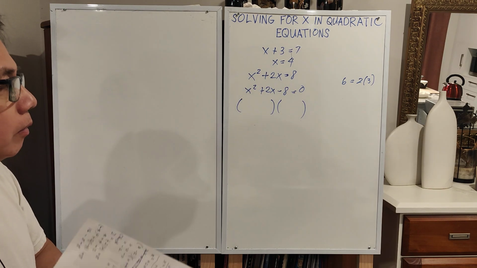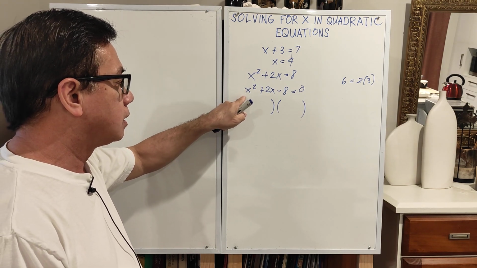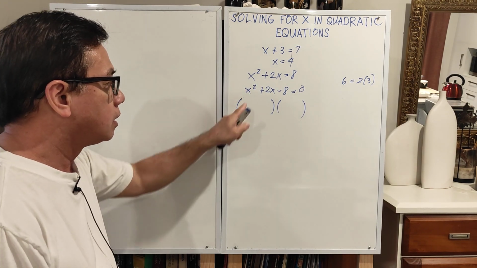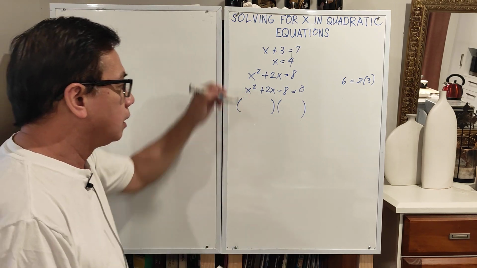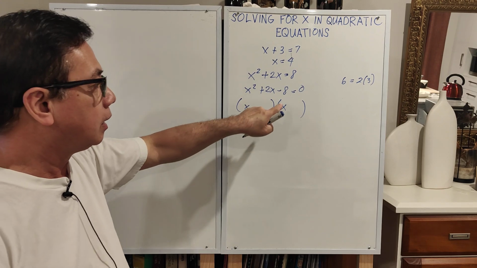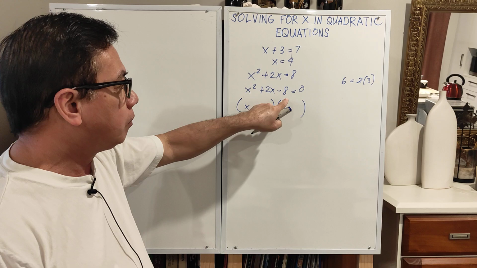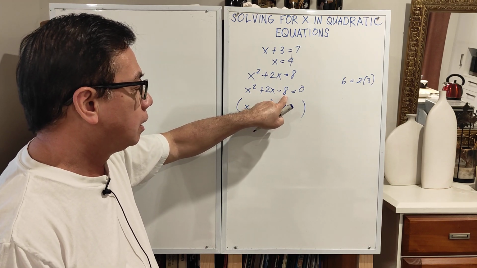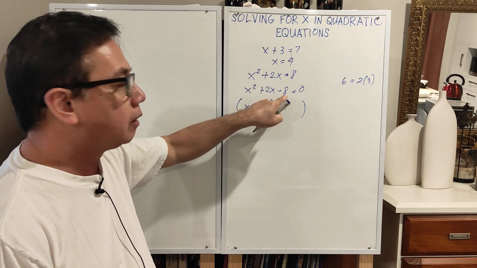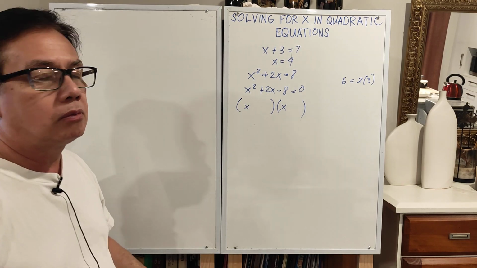For this example, x doesn't have a coefficient, so that's 1x squared, so this will be x and x, and then we have to find two numbers that when we multiply will be equal to negative 8, the third number, and when you add, it will be equal to positive 2.